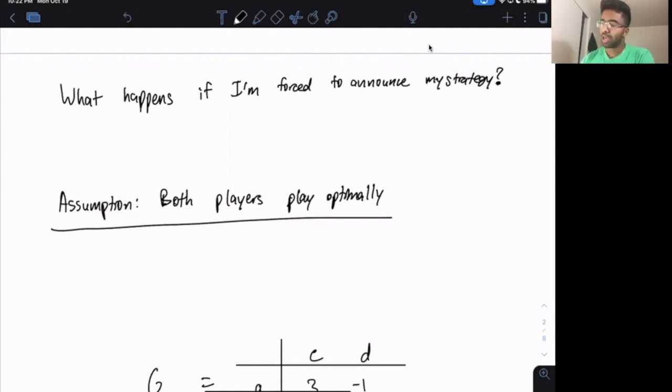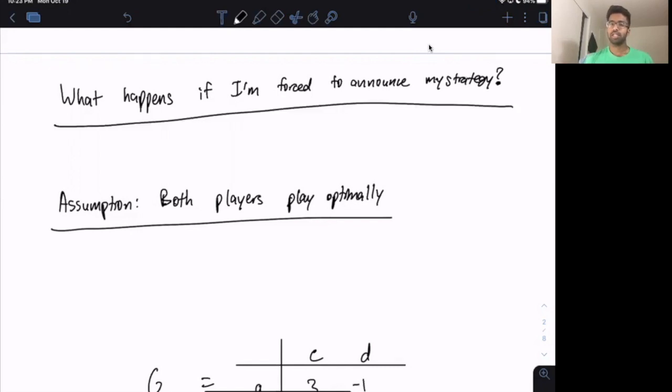And so if we're forced to announce our strategy, let's take another example, right? Let's say you're playing a game and you're forced to announce your strategy. It would seem like the other player would then have the advantage, because they know what your strategy is in advance.